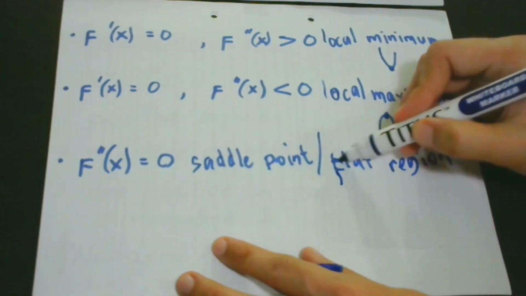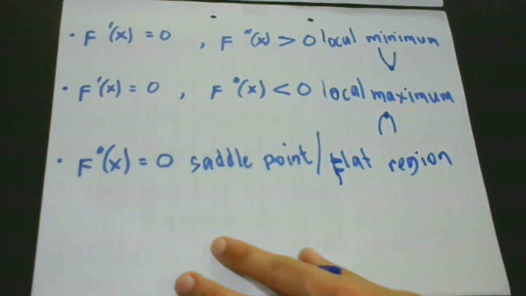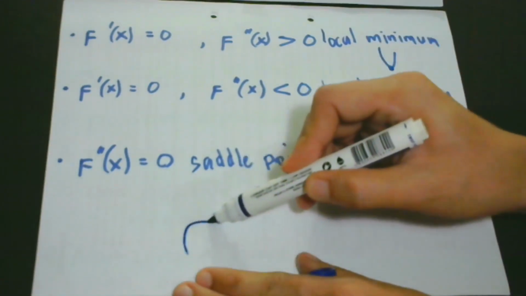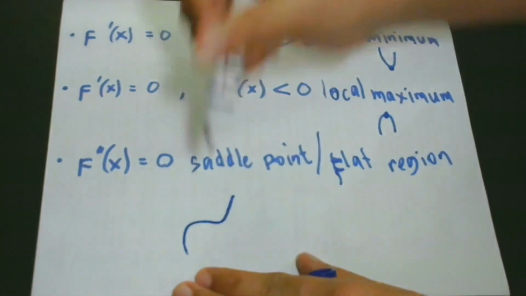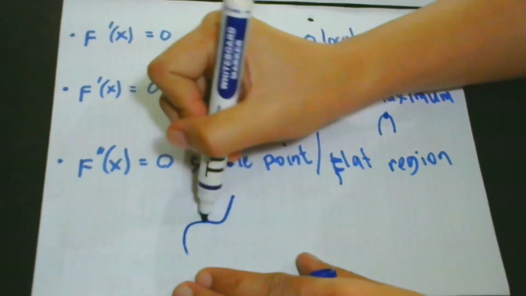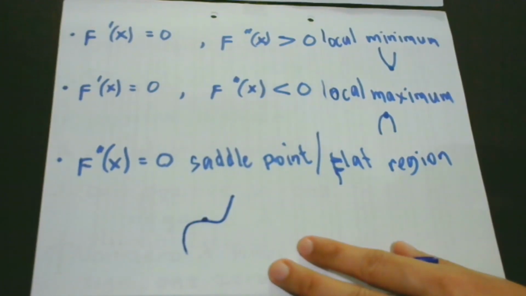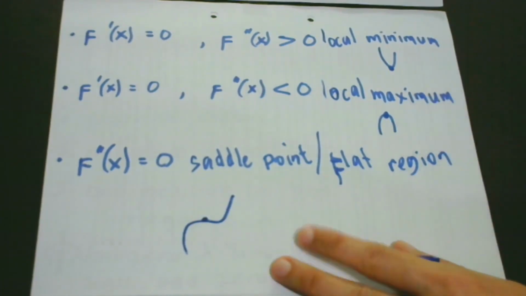Okay, so flat region, saddle point. If we are going to make a drawing, it could be like this, and our x can be found in this flat region, right? Does this make sense? Does it register in your mind now?